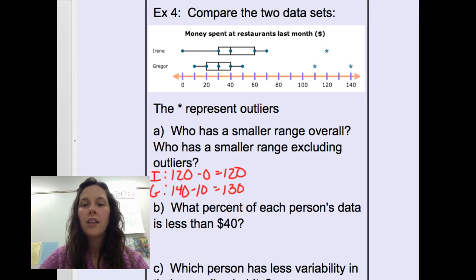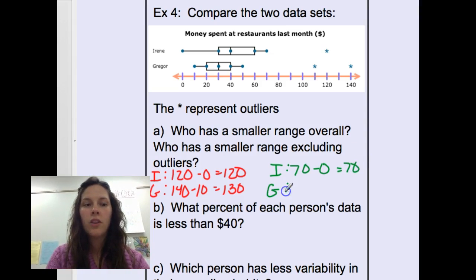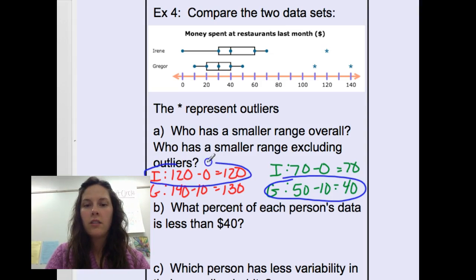And then looking at the data excluding the outliers, Irene's new range without the outliers would be 70 minus 0. And Gregor's range without the outliers would be 50 minus 10, or $40. So without the outliers, Gregor's range is smaller. So there's without and there's with.